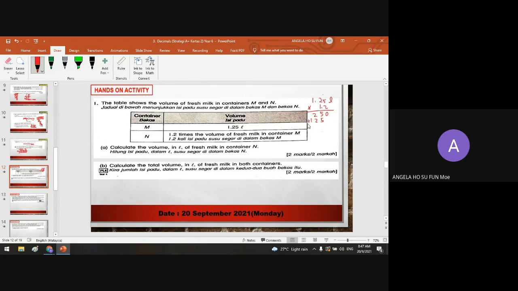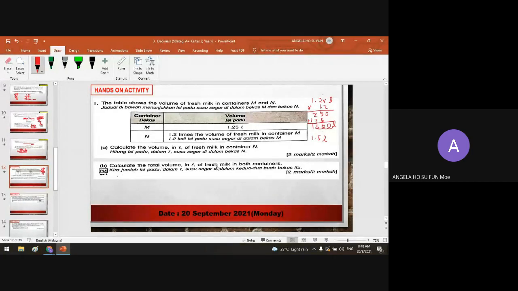So you add together: 0, then 10, this is 5, this is 1. After the decimal point, 1, 2, 3 places altogether, so you shift your decimal point 3 places. All right, you are right. This is 1.5 liter.